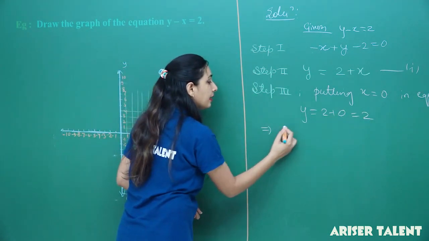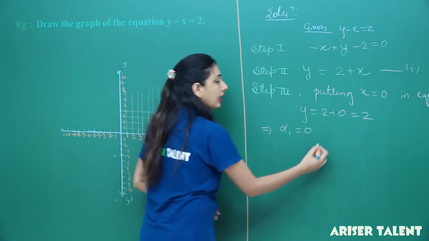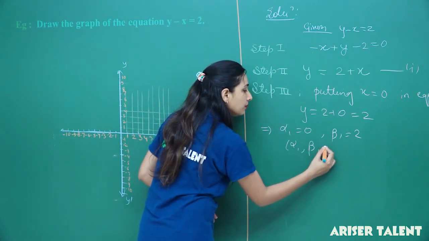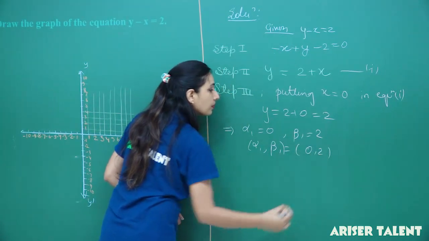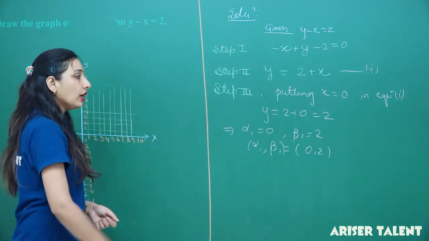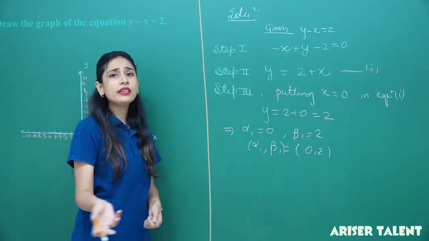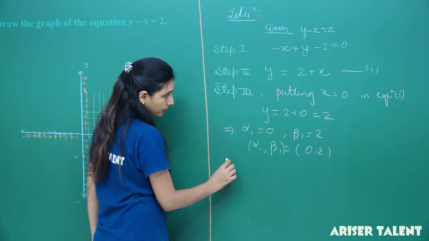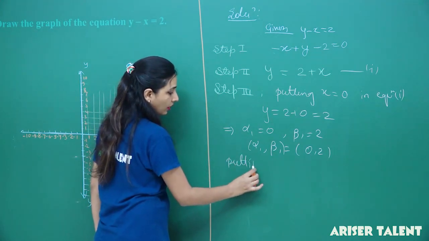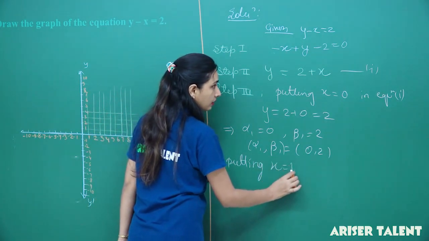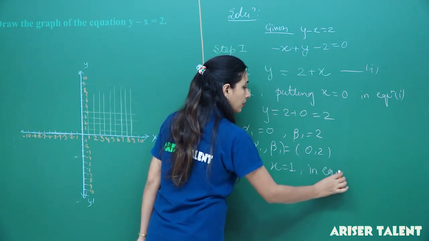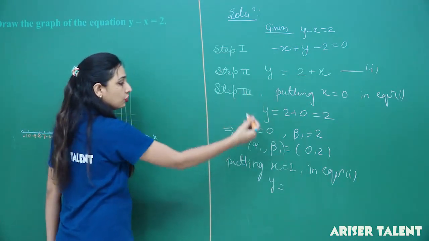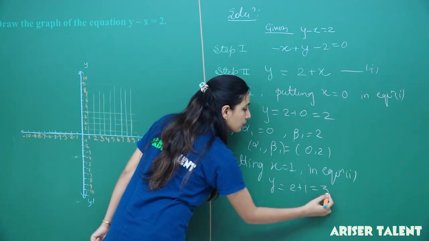This implies that alpha 1 equals 0 and beta 1 equals 2. So alpha 1, beta 1 equals 0, 2. Right, students? Now the second value, after 0 it comes 1, so I can just take the value 1. So if x equals 1 in equation 1, here I will be putting y equals 2 plus 1 equals 3.